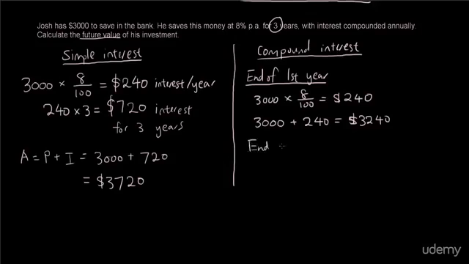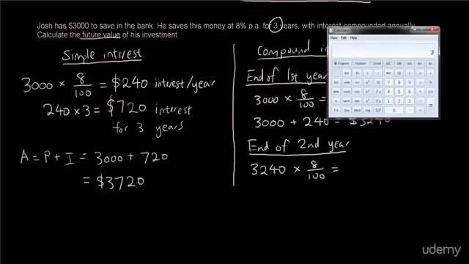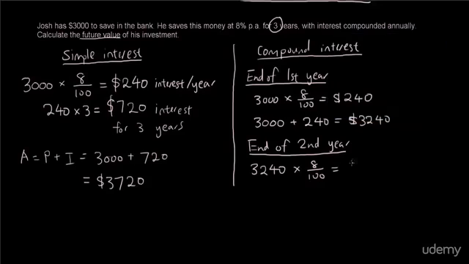So at the end of the second year, what happens is when we calculate the 8% interest, we're going to use 3,240, which is our new principal, and find 8% of that. So 3,240 times 8%, and that's 259.2.